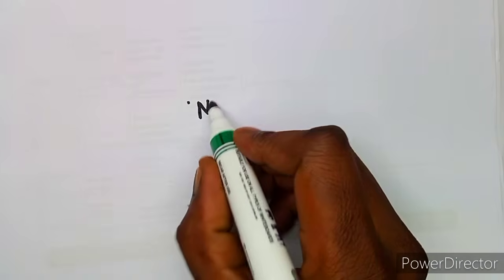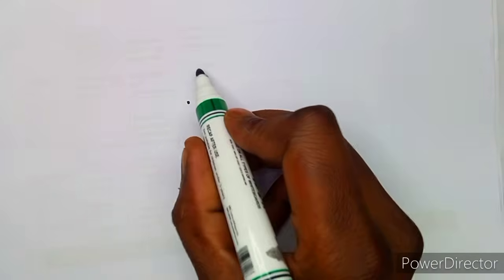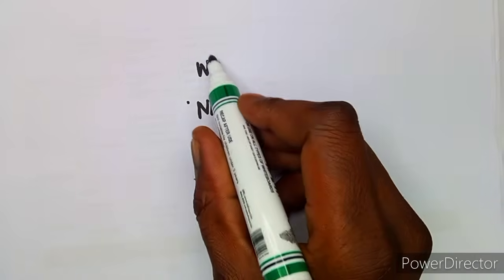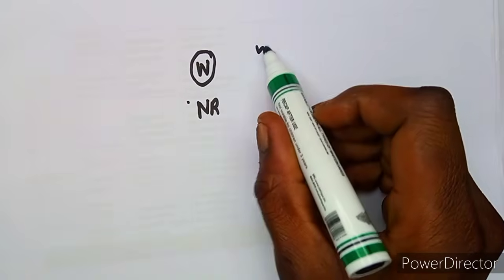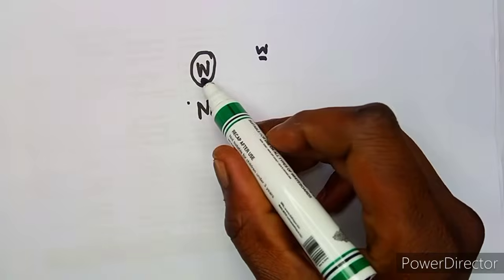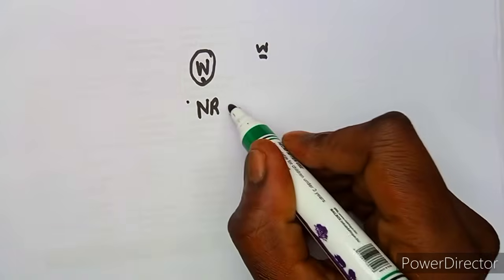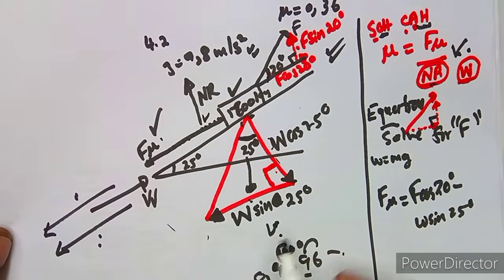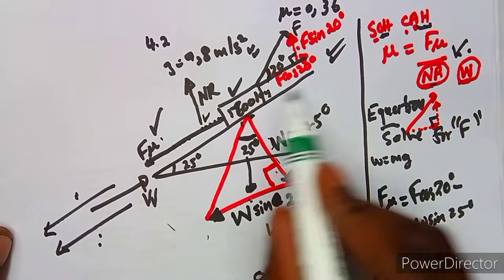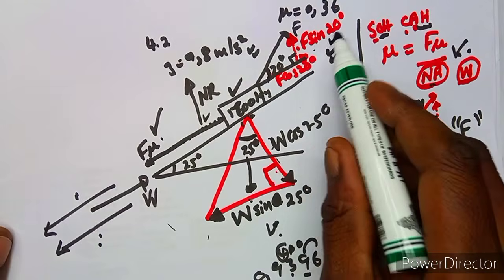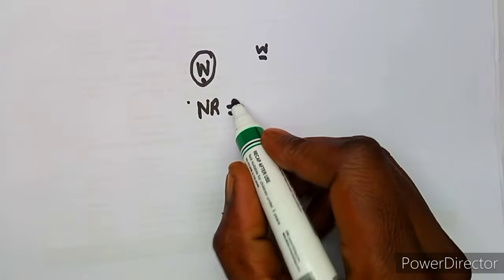The normal reaction, which is the reason why I'm not using this W, because we used a part where we use this small letter W, but this one is the big one. So let's just use NR so that we don't confuse each other. So if we add it to this one, there's no equal there, we are adding.